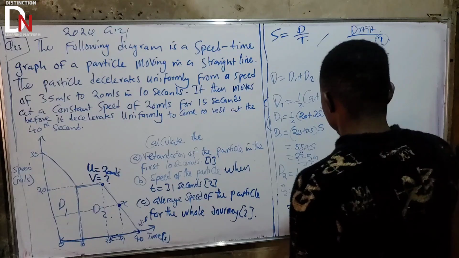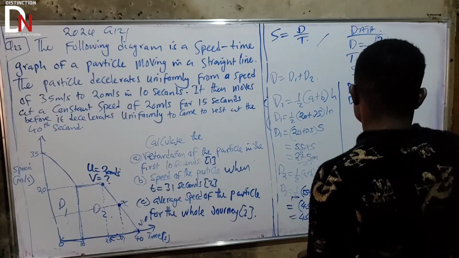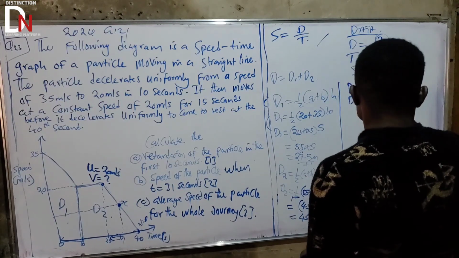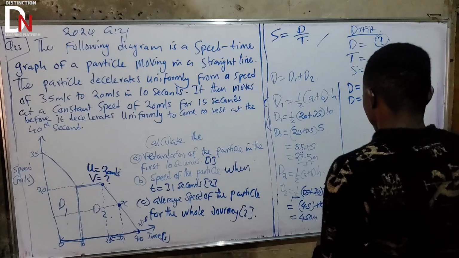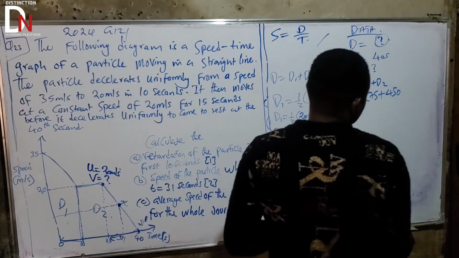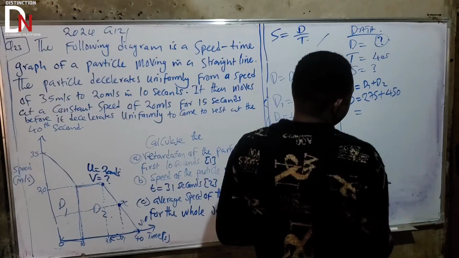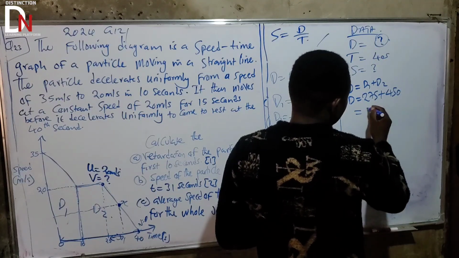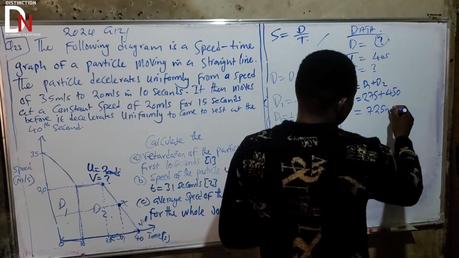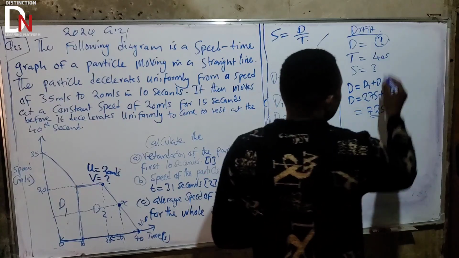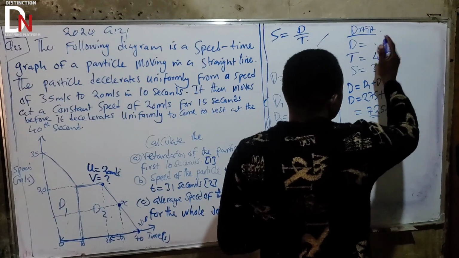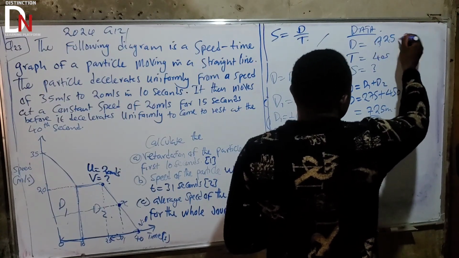Our D1 is 275 plus our D2 is 450. This is supposed to be 725 meters. Therefore, we found the distance, which is 725.